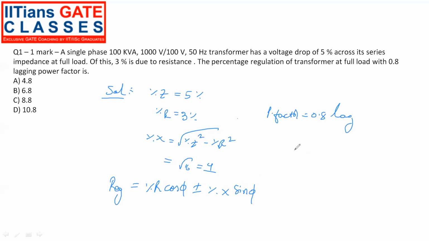So cos phi here is 0.8 and we know the value of the percentage resistance and percentage reactance, and since the power factor is lagging, we have to take the positive sign. So here we'll be getting 3 into 0.8 plus 4 into 0.6, so that is equal to 4.8 percentage. So the option A is the correct answer.